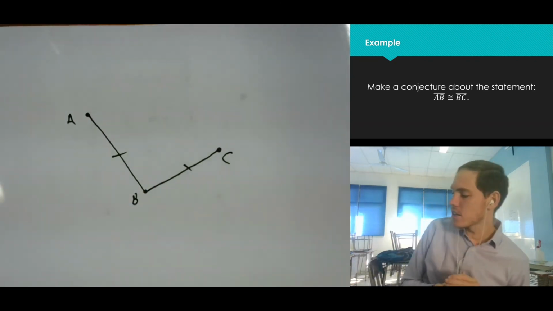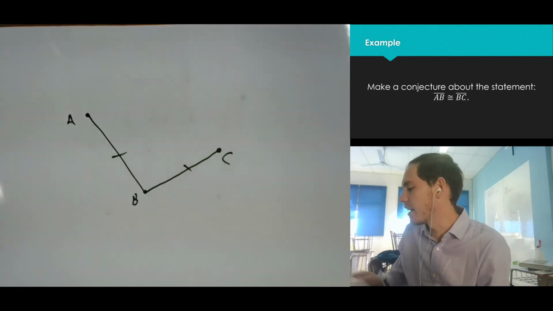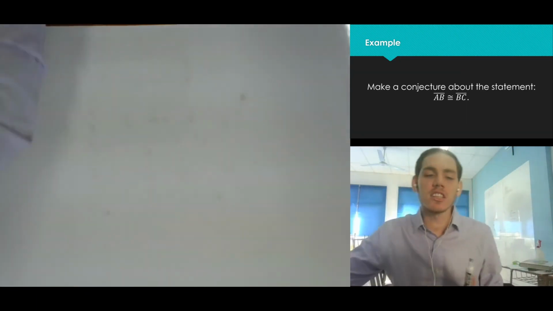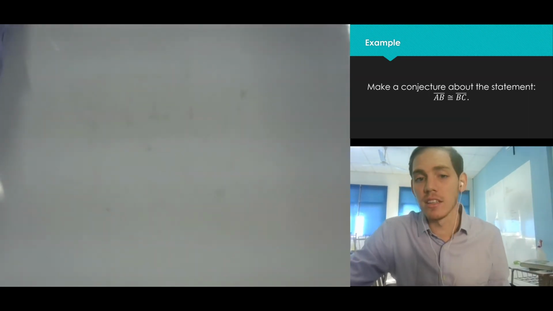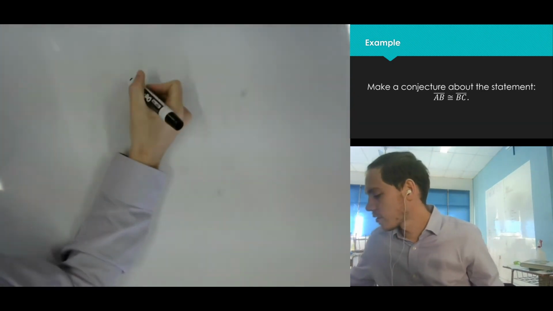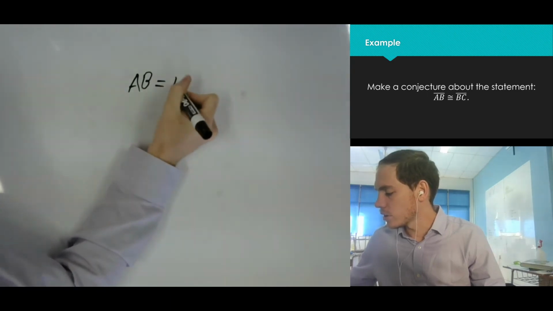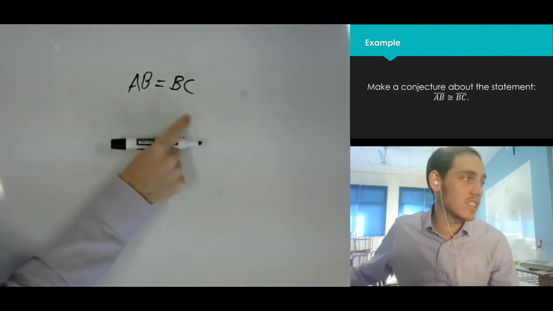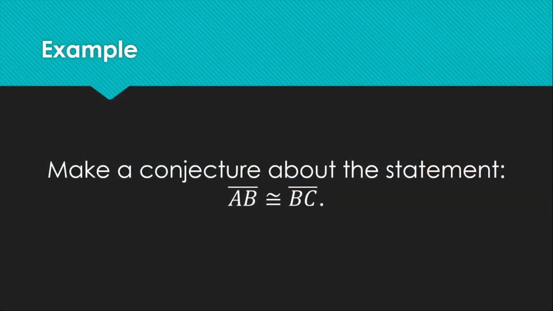So AB could be congruent to BC, but it doesn't mean that B is the midpoint. If you made a conjecture, you could say that AB is equal to BC, and that is a true statement. So this conjecture is fine, but the other conjecture would not work.